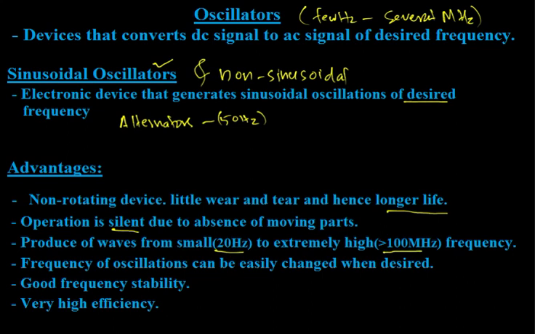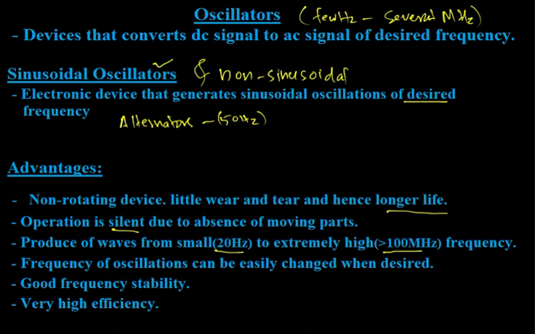Another advantage of the oscillator over the alternator is that the frequency of oscillation can be changed when desired. That is, the frequency of oscillations is determined by the parameters of the oscillatory circuit. So by changing the parameters of the oscillatory circuit, we can change the frequency of oscillations of an oscillator.